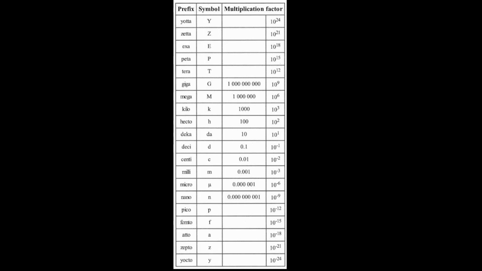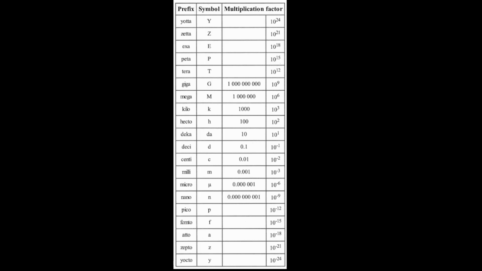Now, when we get to the larger measurements, we use terms like kilo, which is 10 to the 3rd. We use mega, which is 10 to the 6th. And we use giga, which is 10 to the 9th power. Those are going to be important when you're describing numbers, and we work with very small numbers and very large numbers.